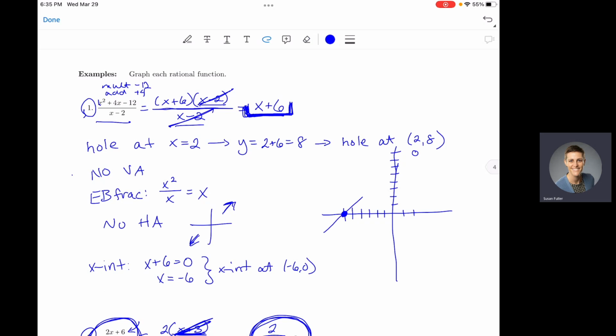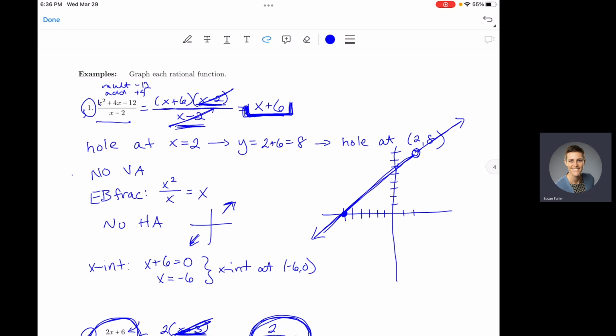I'm actually going to do one of these, because this is the line y equals x plus 6, except with a hole here at 2, 8, because of this extra x minus 2 factor on the top and the bottom.